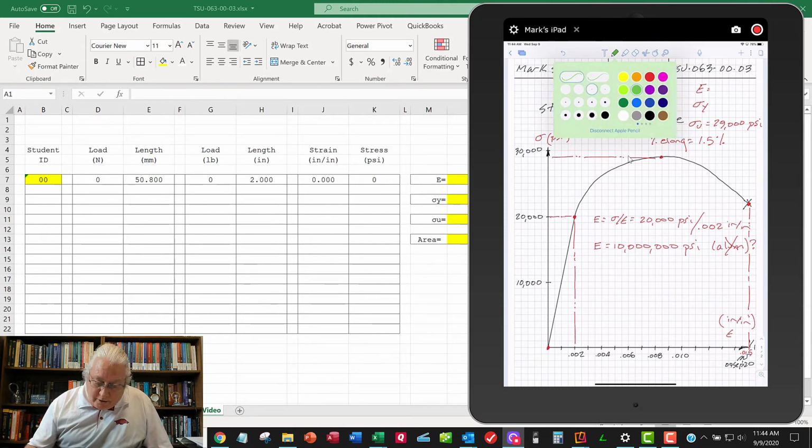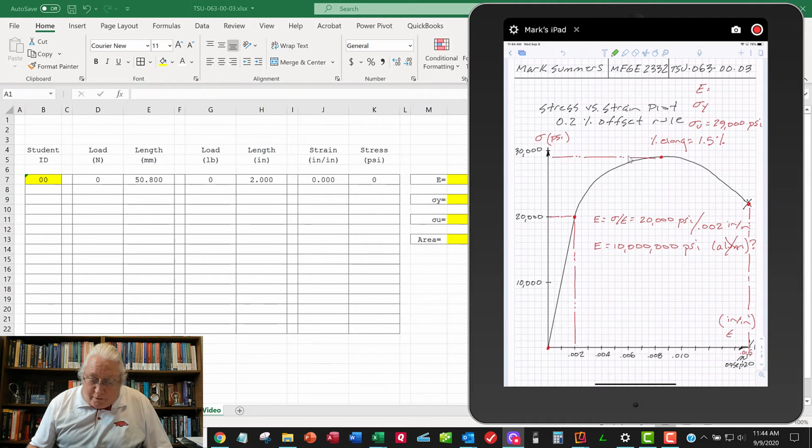What you do is you start off with 0.2% elongation, and so 0.2% implies 0.002 strain. And so we're going to start right here. So 0.2% offset, we're going to convert that to strain. So we move the decimal place over to the left 2 places. So that's where we get 0.002 strain.